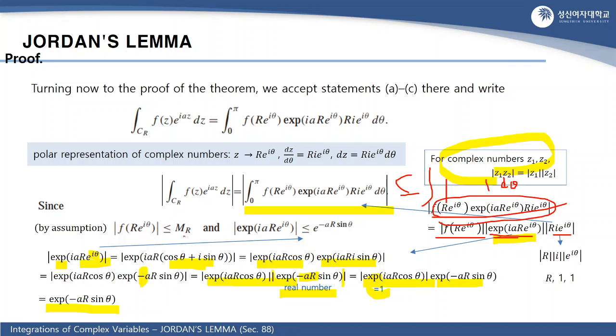Here M sub capital R is the upper bound of the function f of R times exponential i theta.